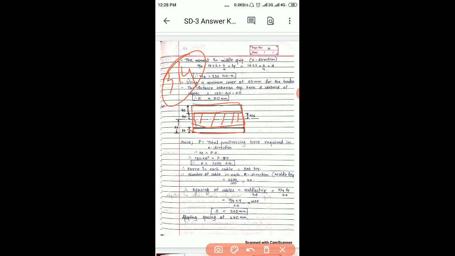The moment in the middle strip Mx is equal to 19.22, that moment we have calculated, into 3 by 4th of Ly. For the x direction, we are calculating the moment in the x direction, that's why we'll take the span in the perpendicular direction, that is Ly, and vice versa.